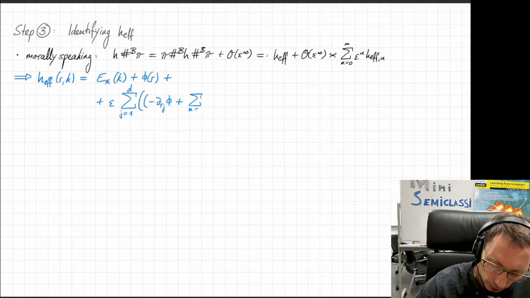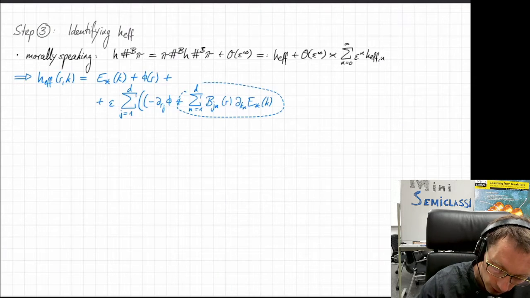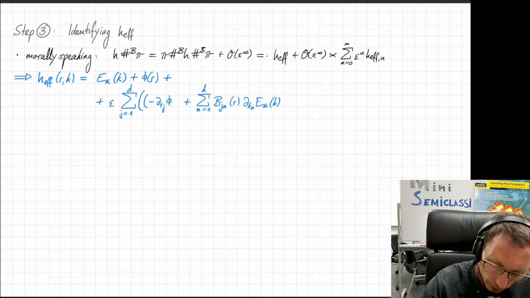And now we also get the magnetic field term, and this is multiplied by the so-called Berry connection.